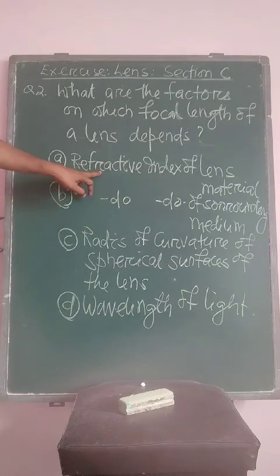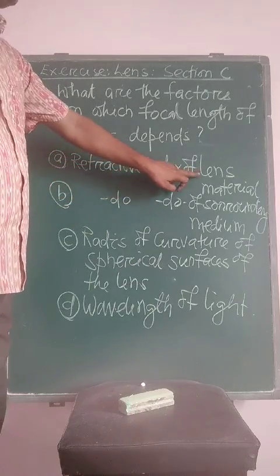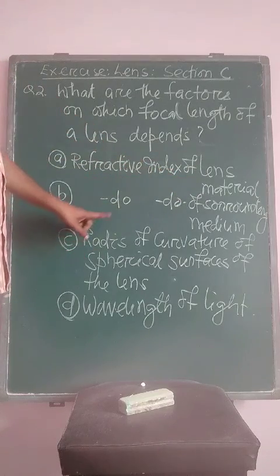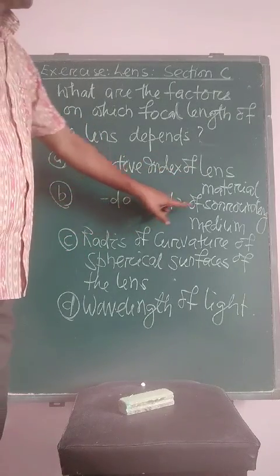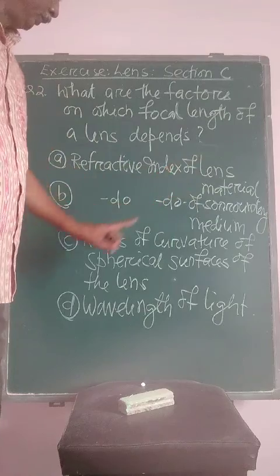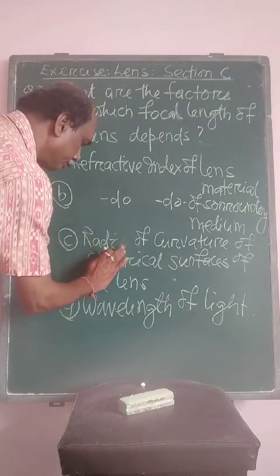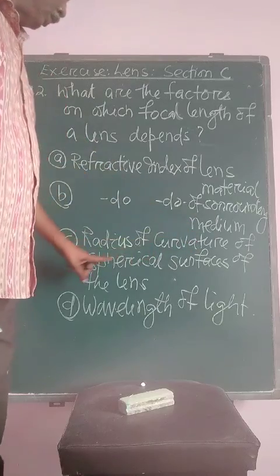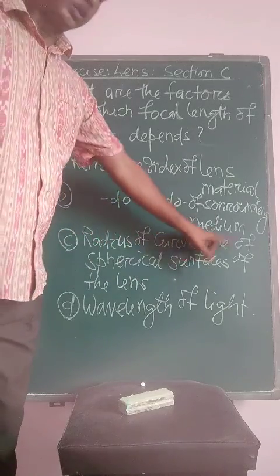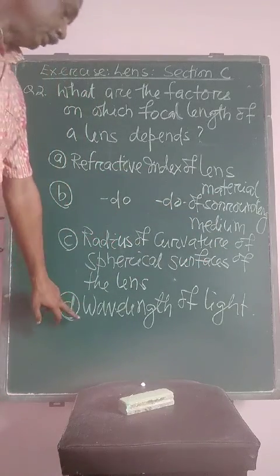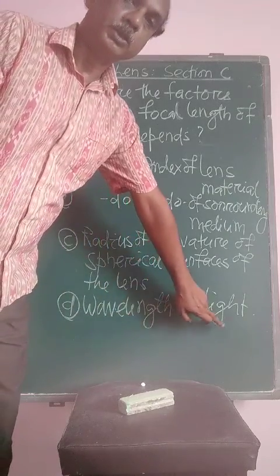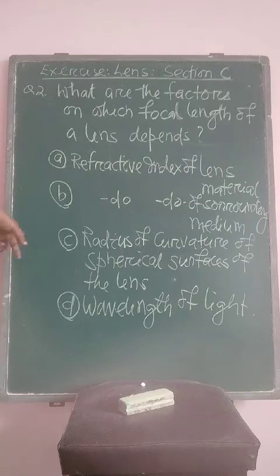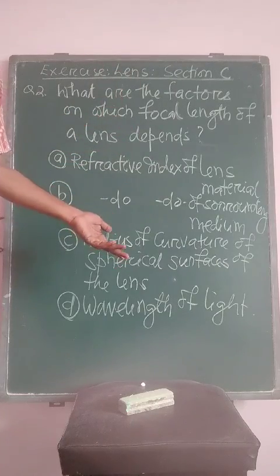One is the refractive index of the lens material, the refractive index of the surrounding medium, the radius of curvature of the spherical surfaces of the lens, and the wavelength of the light used. So these four factors affect the focal length.